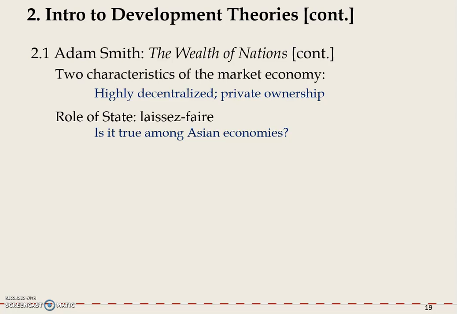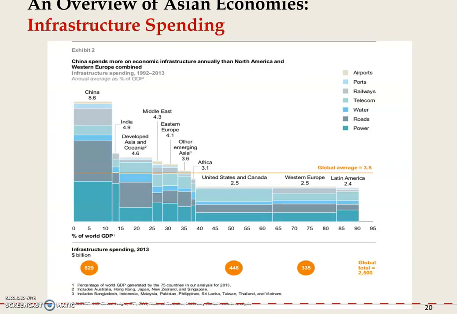Do they actually have smaller governments? The answer is probably no. Now, there are more pieces of evidence we're going to discuss later this semester. Here, let me show you one thing as the supporting evidence.